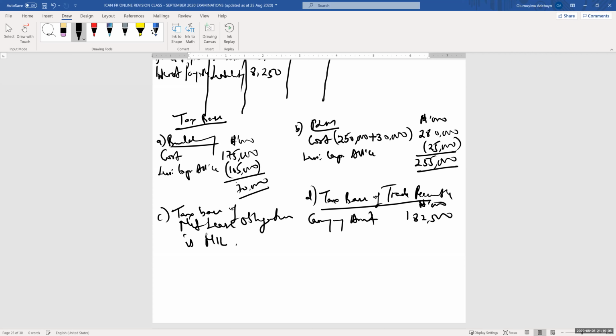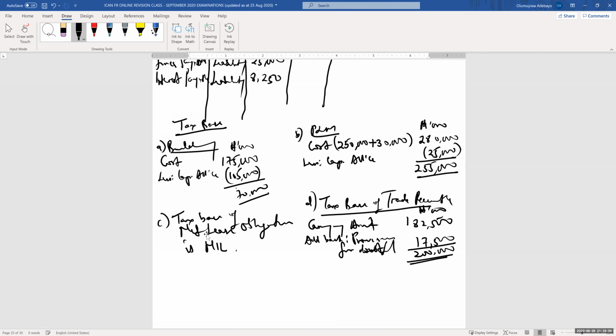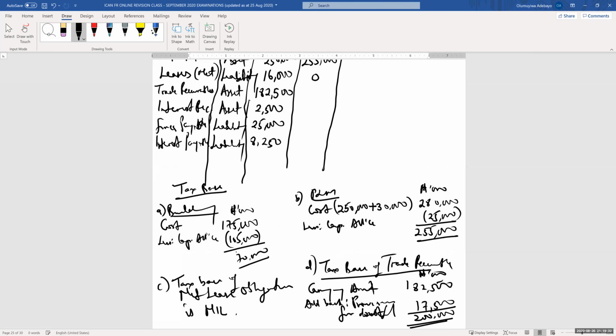Now, it wouldn't have been 182,500 if you had not deducted provision, right? Yes. Which means you add back that provision. If you had not deducted that provision for doubtful debt, your receivable should have been 200. That is the tax base. Therefore, I come here and say 200.